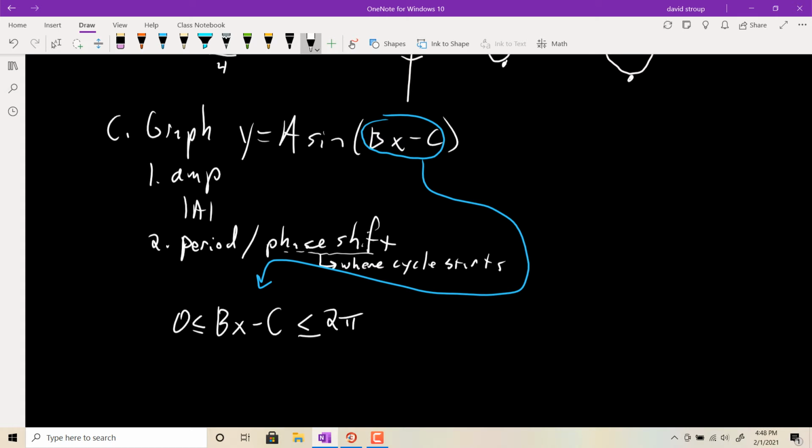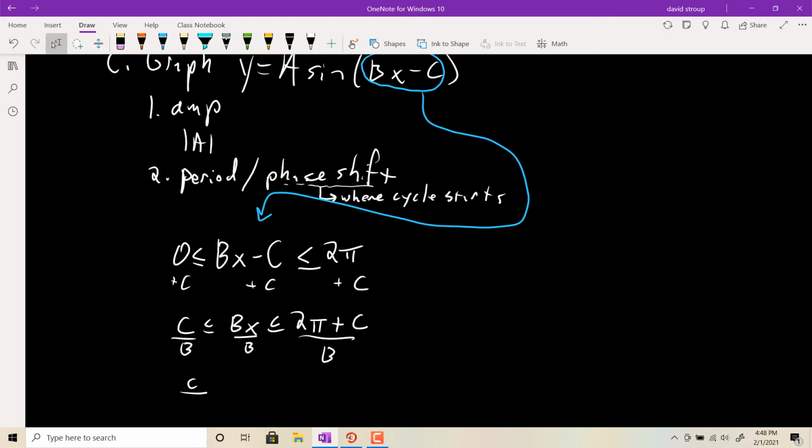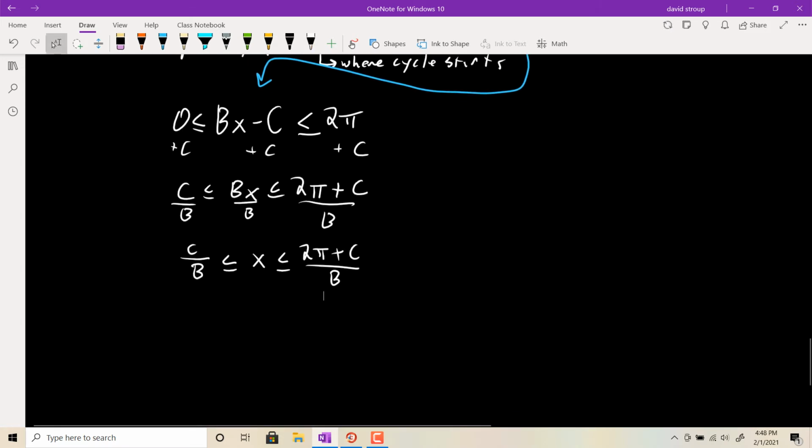First I add c to all 3 sides, so I get c less than or equal to bx less than or equal to 2 pi plus c. Then I divide everything by b, so I get c over b less than or equal to x less than or equal to 2 pi plus c all over b. This represents 1 complete cycle. It starts at c over b, and that's also your phase shift.